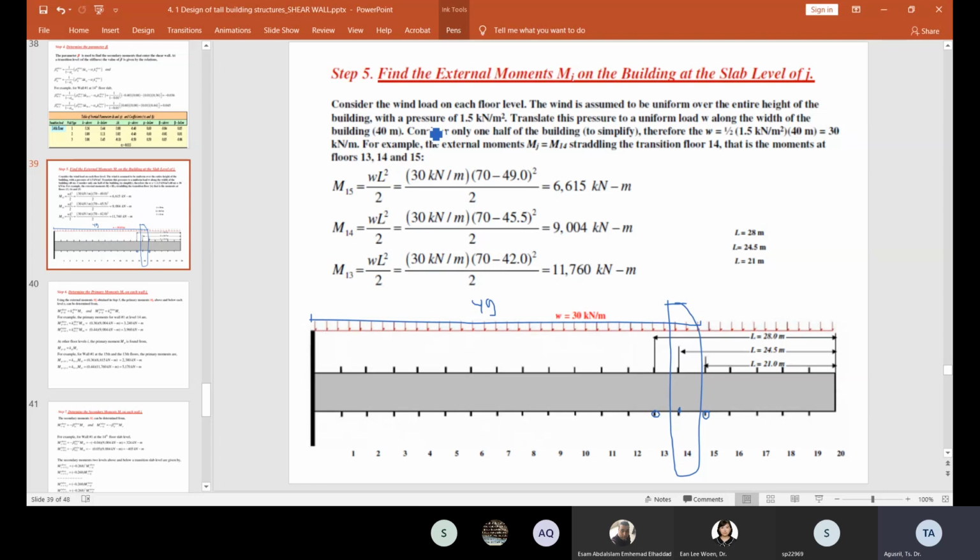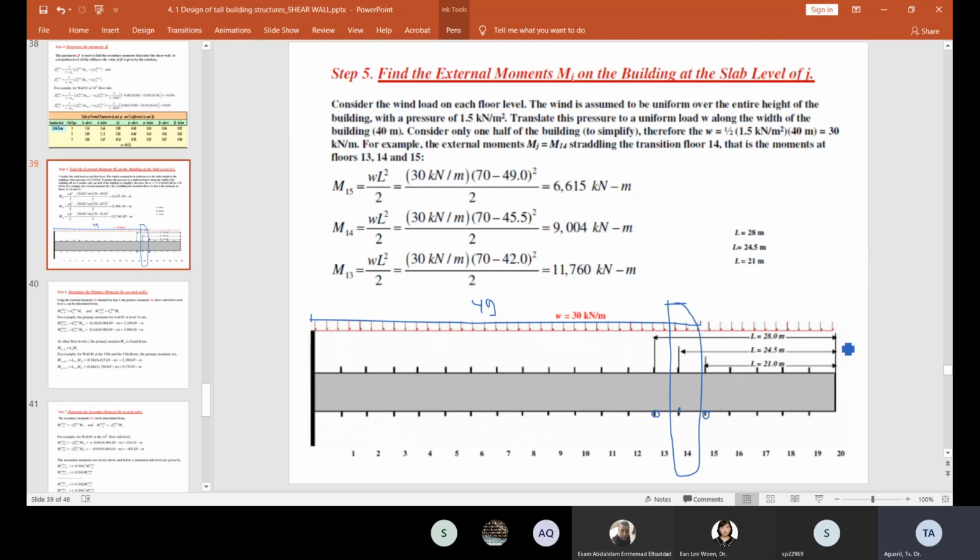From this we can get the external moment acting on level 15 as 6,615 kilonewton meter, then level 14 is 9,000, and level 13 is 11,760 kilonewton meter.